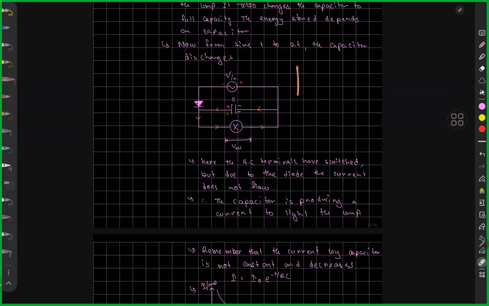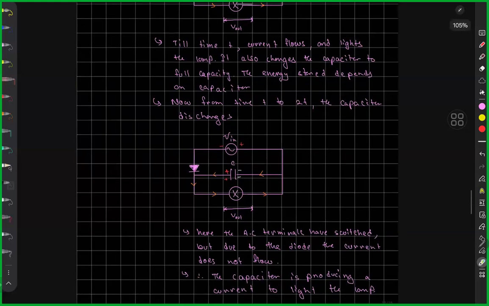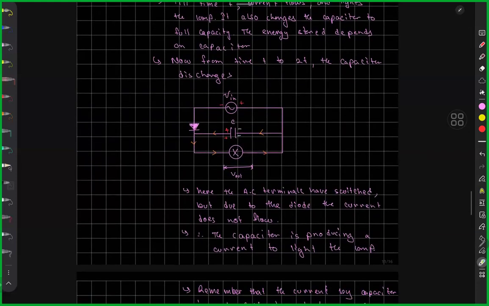And then it will again get charged up due to the next cycle of current flowing in this direction. So it gets charged, discharged, charged, discharged, through and through as the circuit works. That is where the use case of the capacitor comes in.